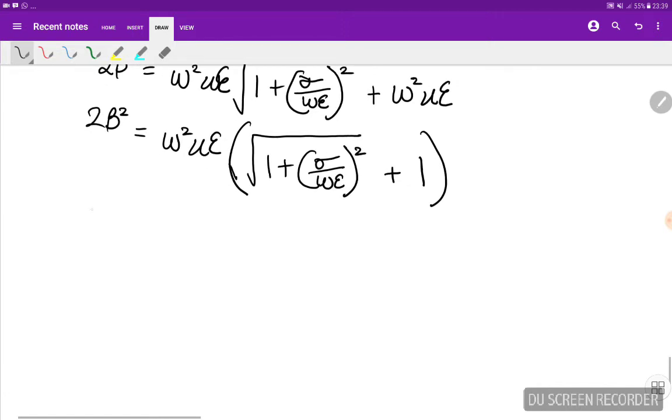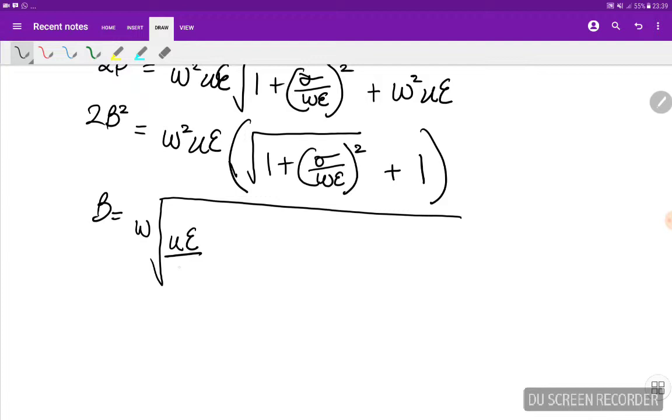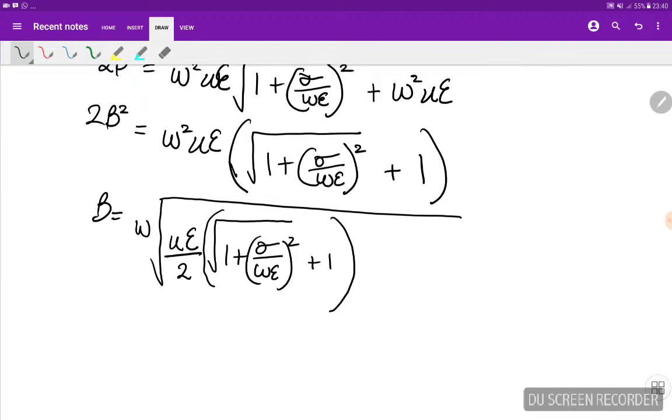So now if I divide by 2 and find the square root, β is going to be, now square root of ω² is ω, so I'll put ω outside. ω big square root of με over 2, then square root of, as into bracket, square root of 1 plus conductivity over ωε squared, and then plus 1. And so that is your β.